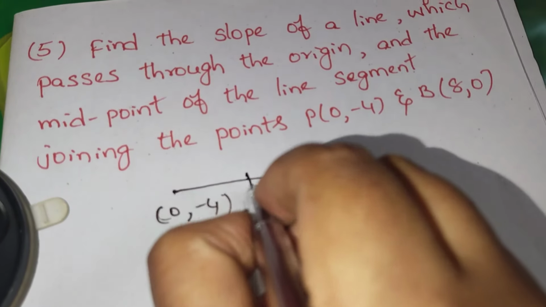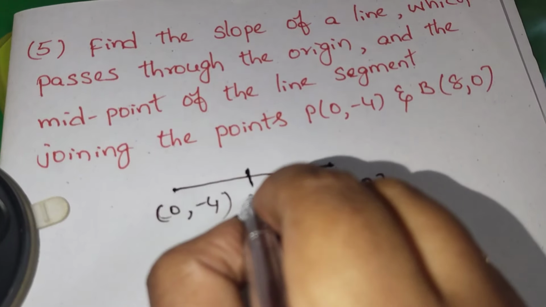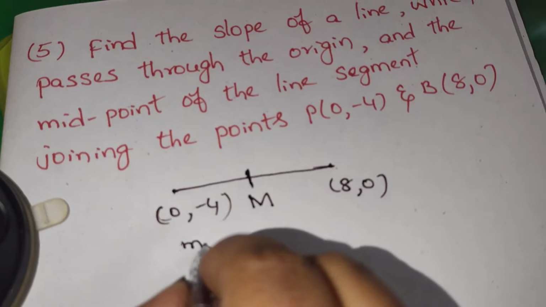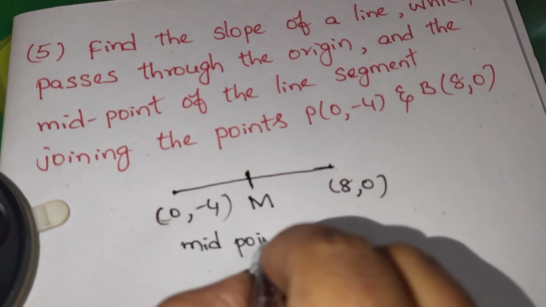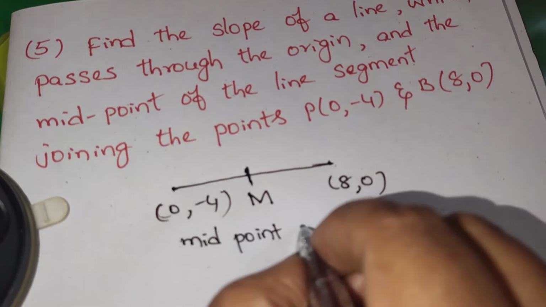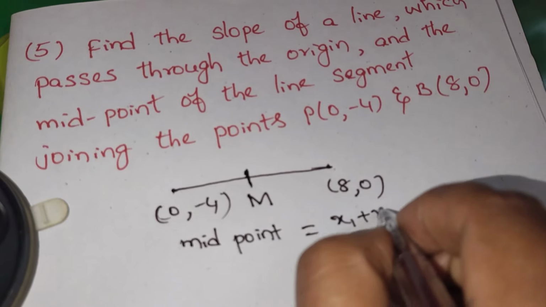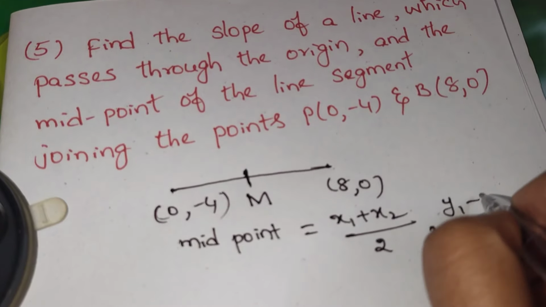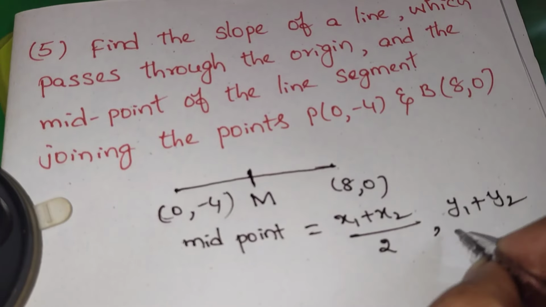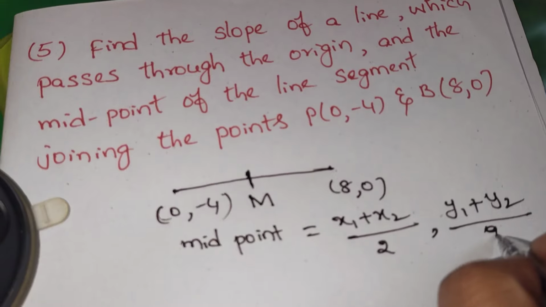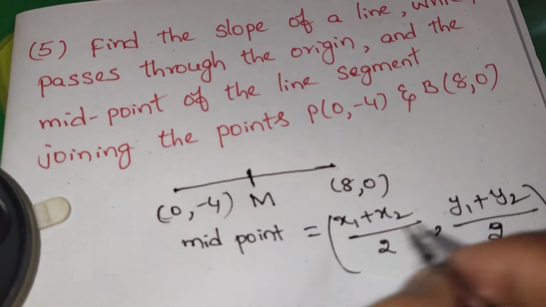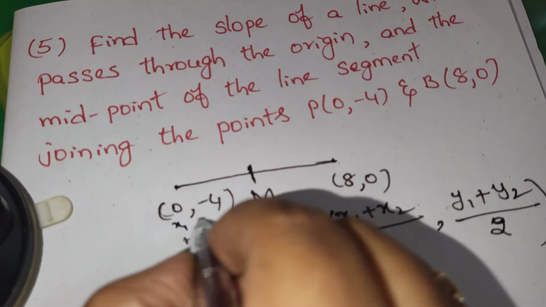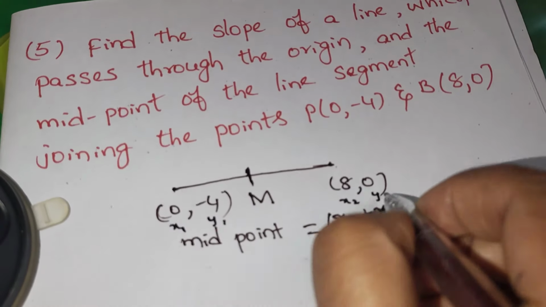Midpoint of the line segment, suppose I am considering it as midpoint M. What is the midpoint of 2 points? We know that the midpoint of 2 points is ((x1 plus x2) by 2, (y1 plus y2) by 2). So this is the midpoint formula. We identify here it is x1, y1 and it is x2, y2.